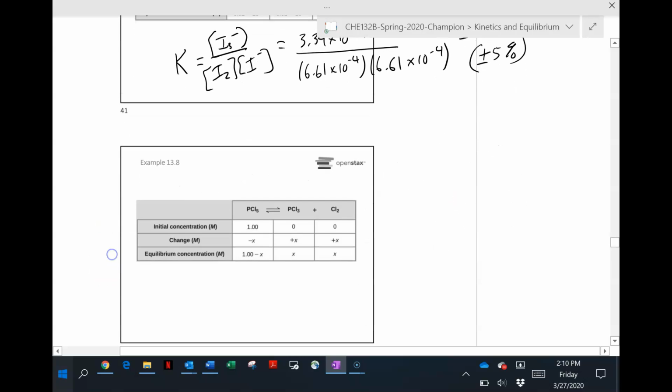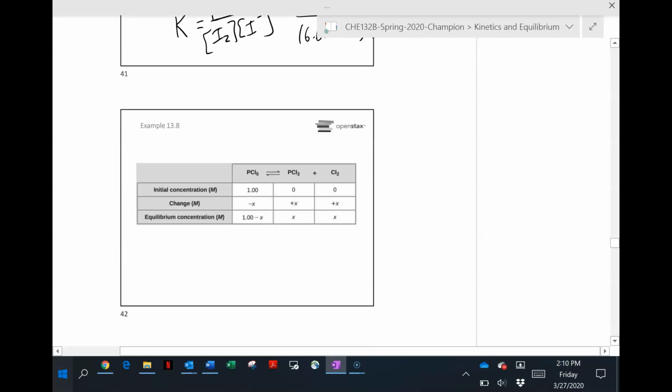Here's another ICE chart. Now we have an equilibrium here of PCl5 and PCl3 and chlorine gas. Again, all these things are in the gas phase, so all of them are being looked at as concentrations. We can still talk about gases in concentration units if we want to.